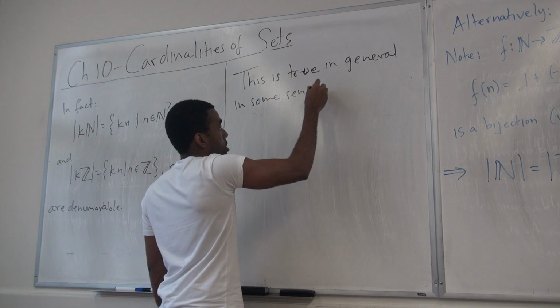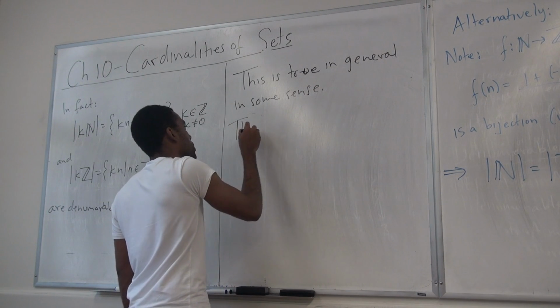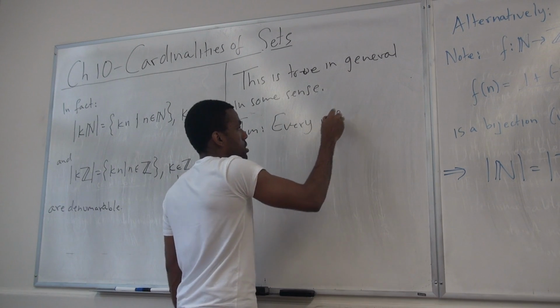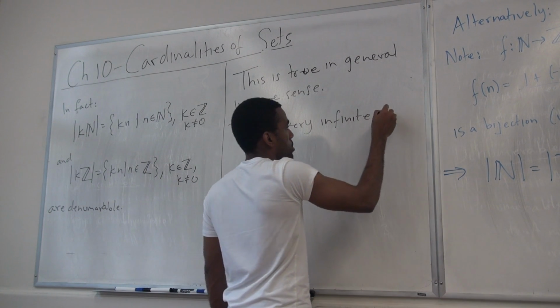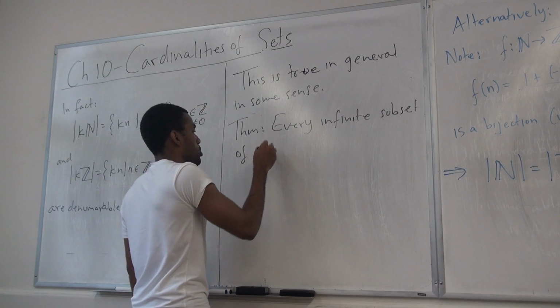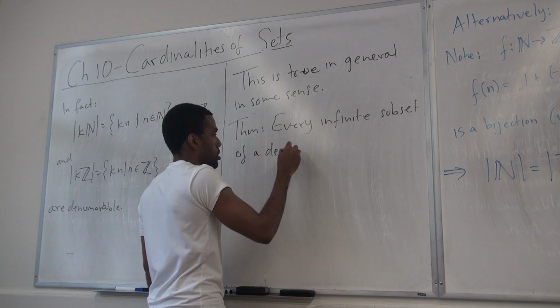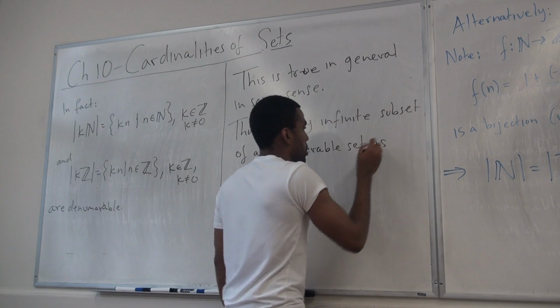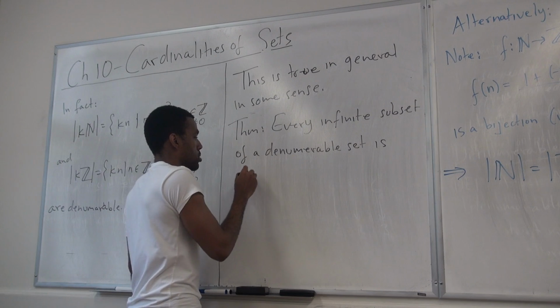I won't prove this, I'll just tell you the theorem. Every infinite subset of a denumerable set is also denumerable.